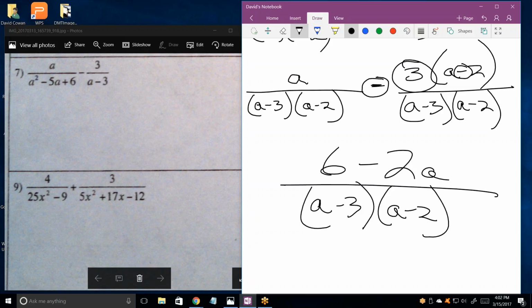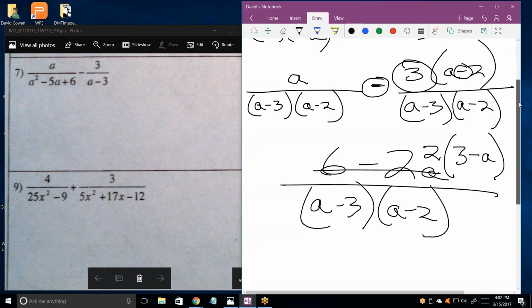The reason I do is because now I can factor out a 2, and I'm left with 3 minus a. So it's 2 times 3 minus a.